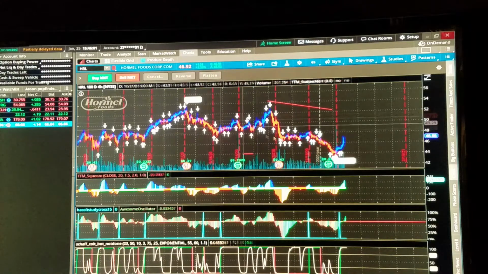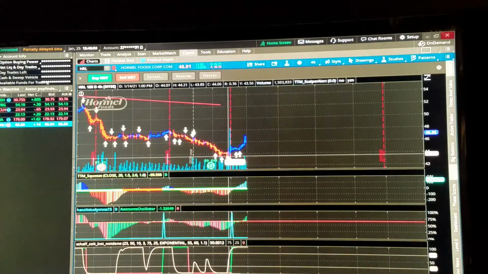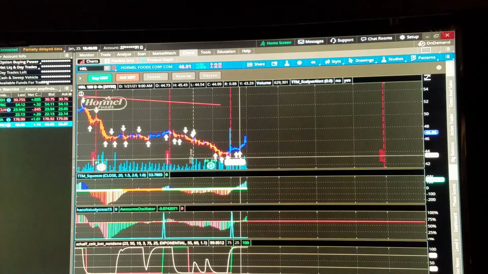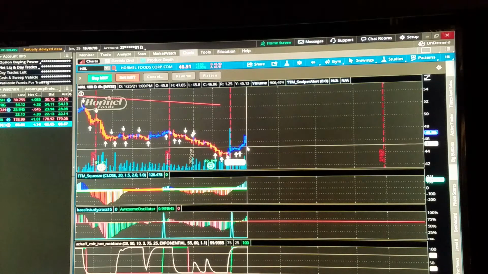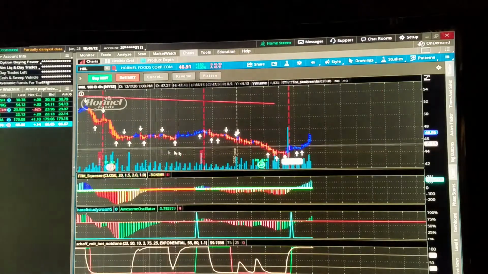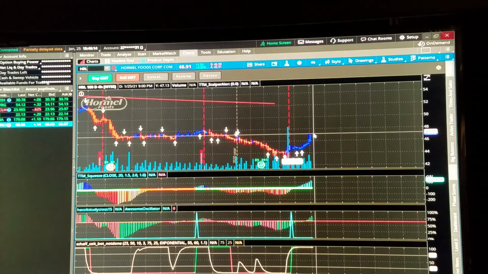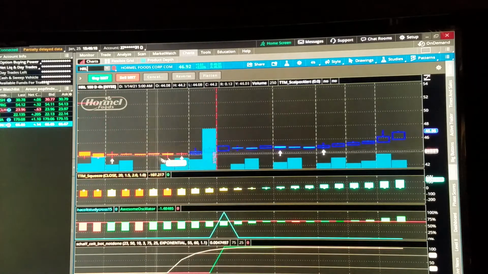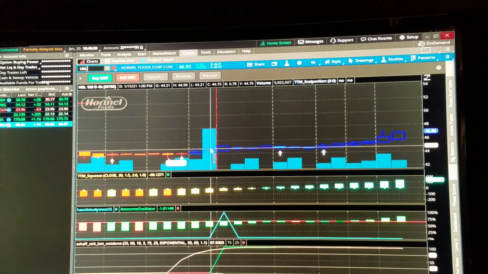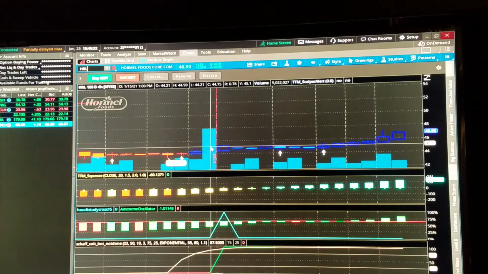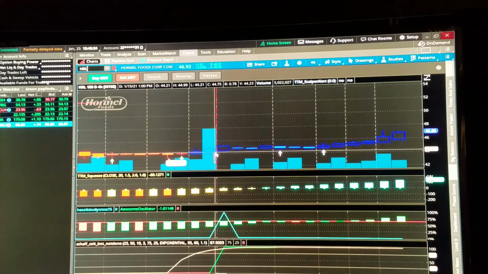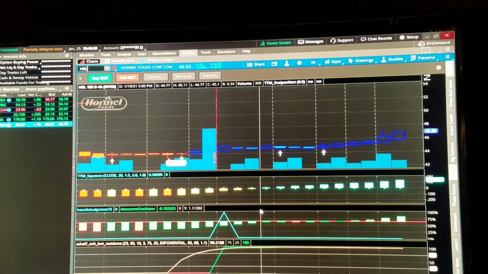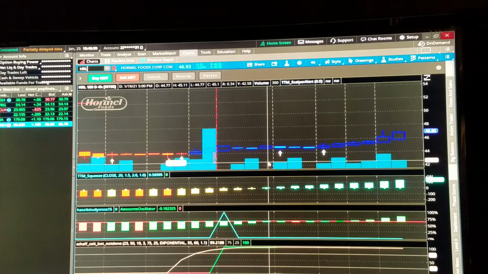Okay, see here they hit their low, fired up signals, and I was already out of them, but it looks like I should have possibly stayed in for this upwards run near the 46. I believe I bought in when I found this signal right here, when I noticed this big buying pressure, and then that fired, so I stayed in, and I believe I took my profit and got out somewhere around here.